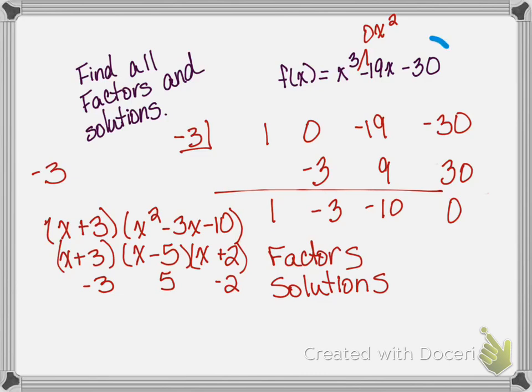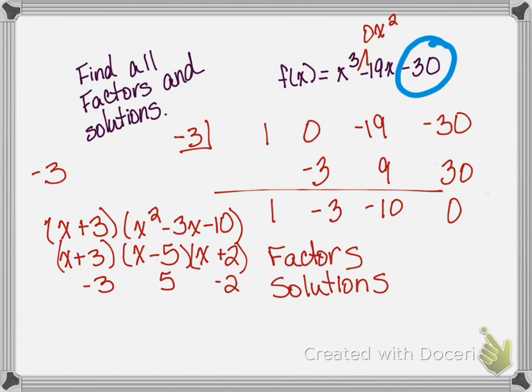Now, I want you to look at this number right here, -30. We have a theorem that tells us when we have to start trying to figure out what to divide by, we look at factors of that constant. Now, -30 has a lot of factors.